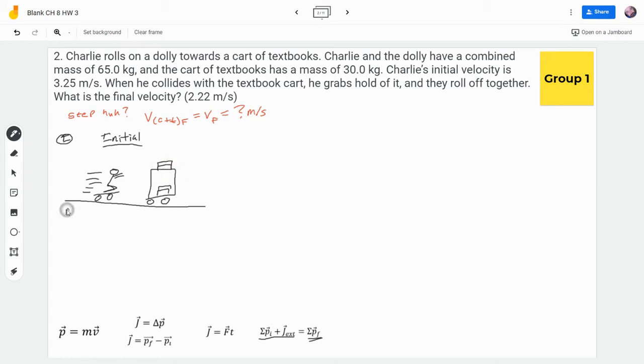We know that mass of Charlie is 65 kilograms, and the mass of the textbooks is 30 kilograms. We know velocity of Charlie initial is 3.25 meters per second.